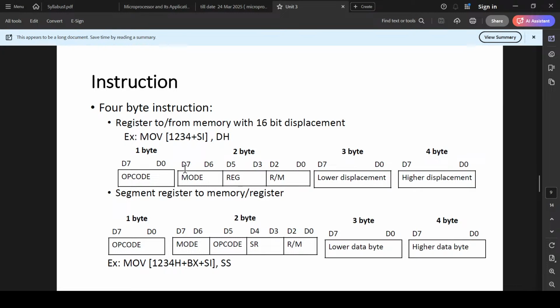4 byte instructions. Same. Lower displacement, higher displacement.